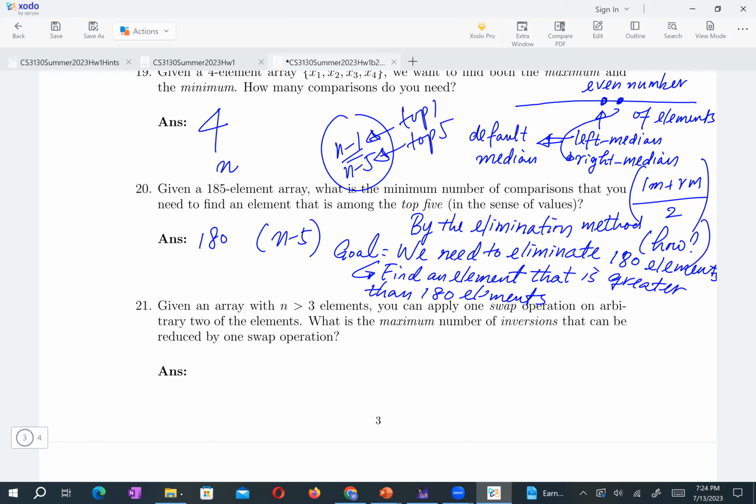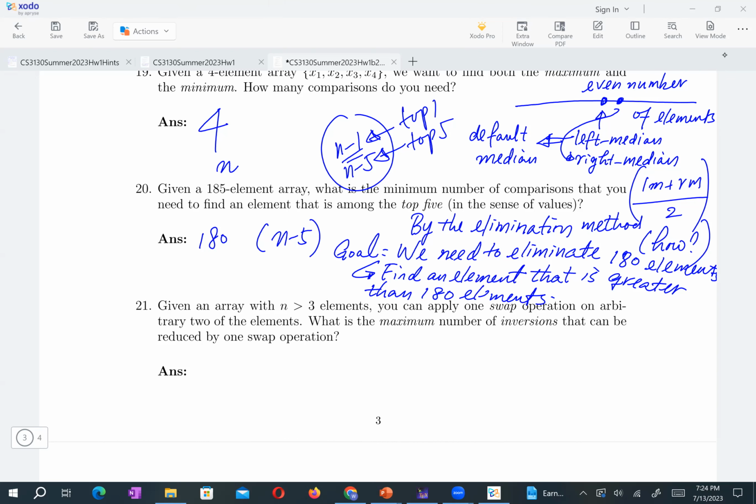In that way, we can treat it as elimination. That particular element that is greater than 180 elements can eliminate those 180 elements. It is definitely greater than 180 elements, so it must be among the top 5. Think about that.